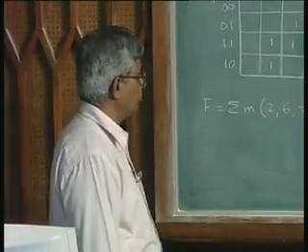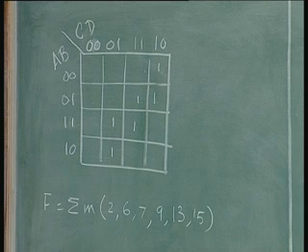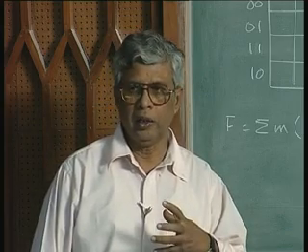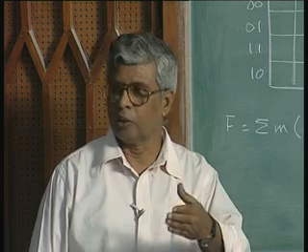Now, the idea is to group adjacent ones with as large groups as possible, keeping in mind the group should be as large as possible. If we have a smaller group which can be totally submerged in a larger group, we should not consider the smaller group.